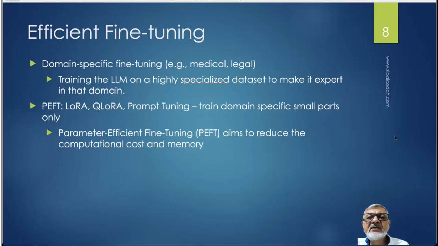There are techniques like parameter-efficient fine-tuning, which aims to reduce the computation cost as well as memory for domain-specific fine-tuning. Again, the techniques are the same: reinforcement learning, prompt-based tuning, LoRA, QLoRA, and PPO, where we optimize the proximity-based tokens.